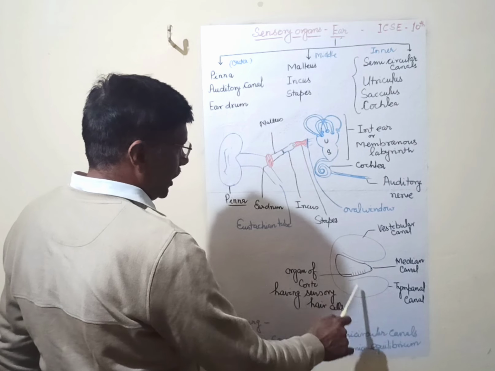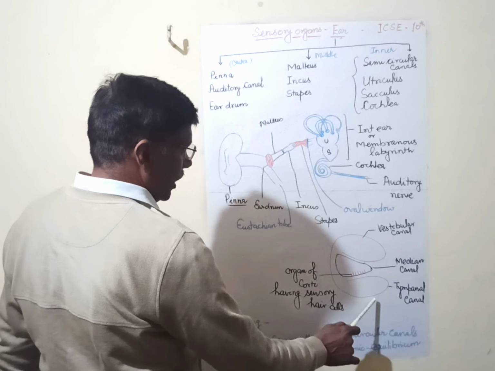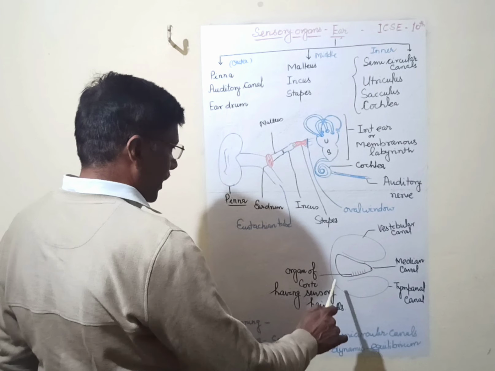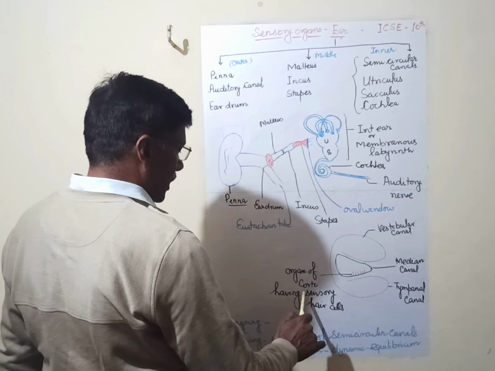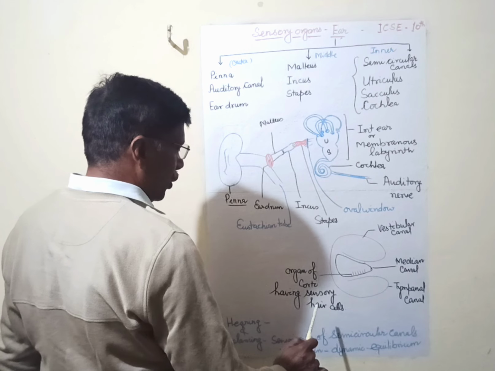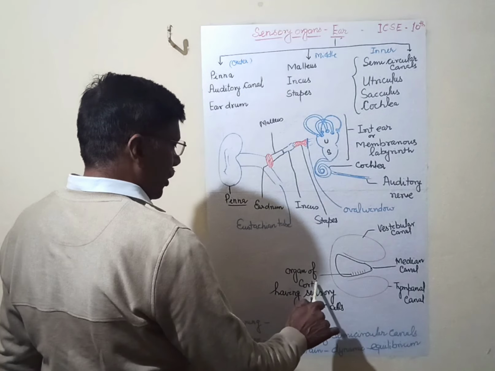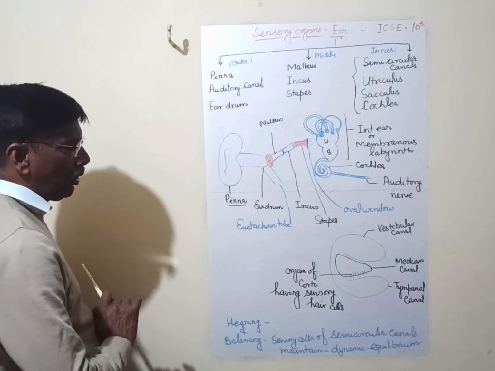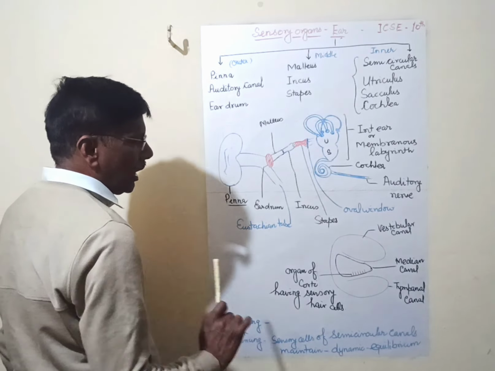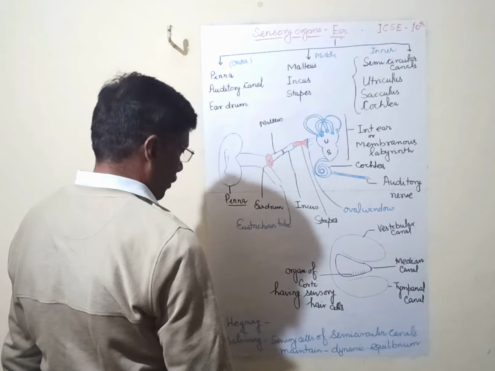The cochlea is made up of three canals. First one vestibular, middle one median, and lower one tympanal canal. This middle canal has special hairy cells having very small hair. These special cells are known as the organ of Corti, found only in the internal ear, nowhere else. कहीं नहीं मिलते हैं internal ear के अलावा. इसको हम organ of Corti बोलते हैं.